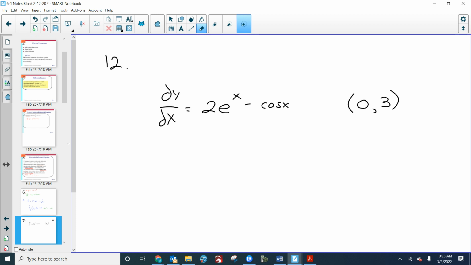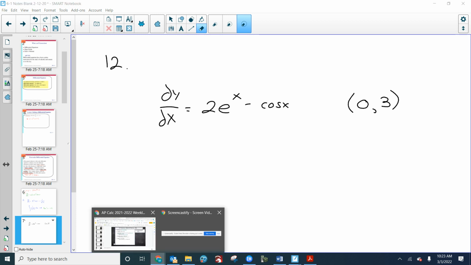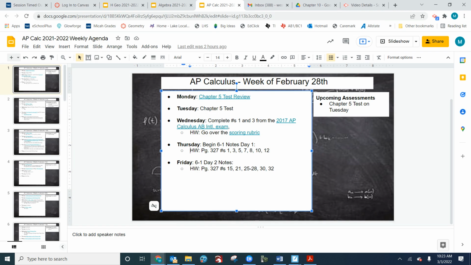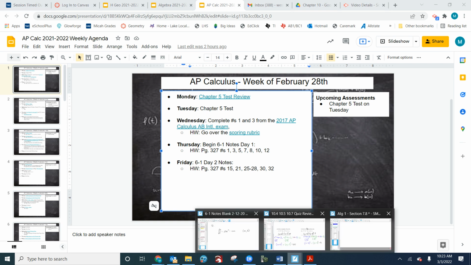So let's say we want to solve this initial value problem. I think this was number 12. And I think I might have even assigned that for homework, did I? Yep, that's going to be your last one. So we're actually going to do this homework problem together.